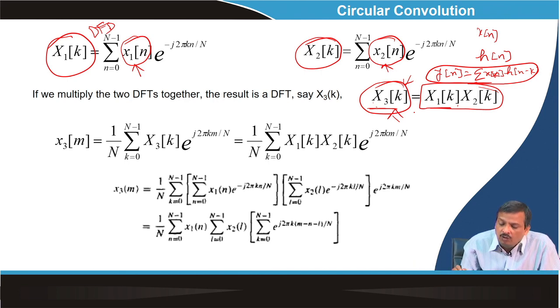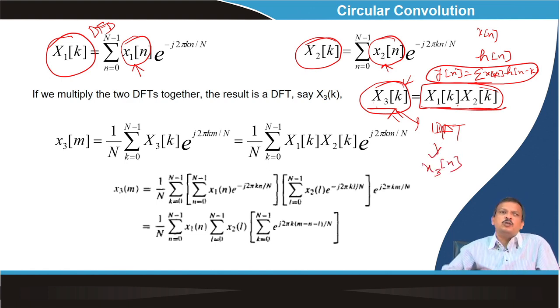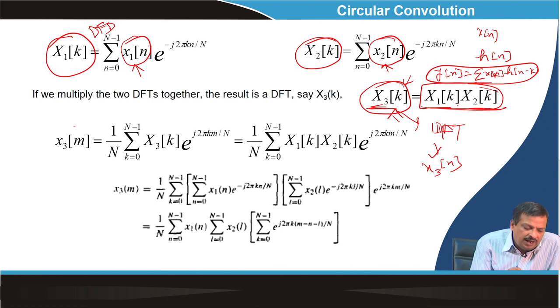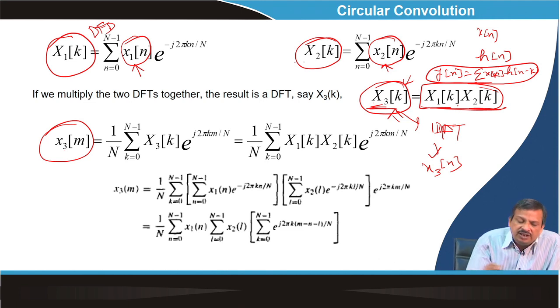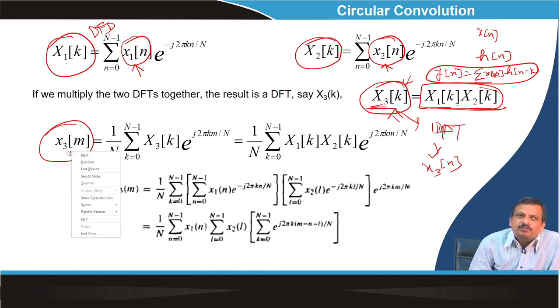Now, since all are in the frequency domain, if I take the inverse DFT, the IDFT of X3[k], I should get back a time domain signal, x3. So, let us say I take the IDFT of X3[k] and my time domain signal is x3[m], because here I am using n, that's why I say the sequence index is m.